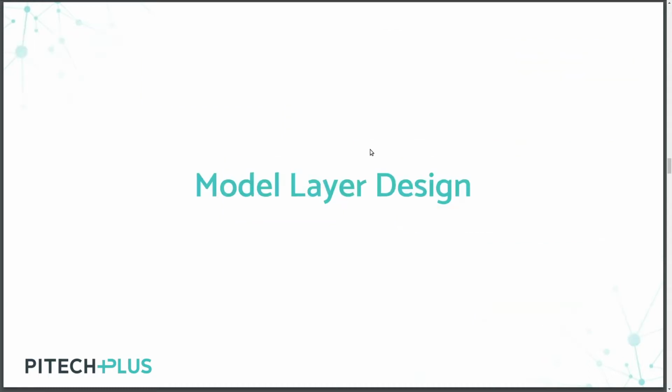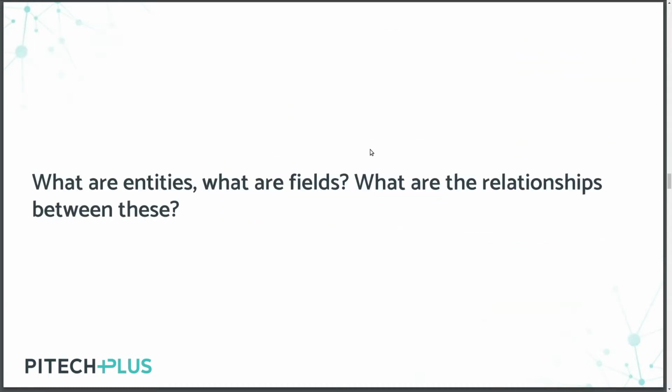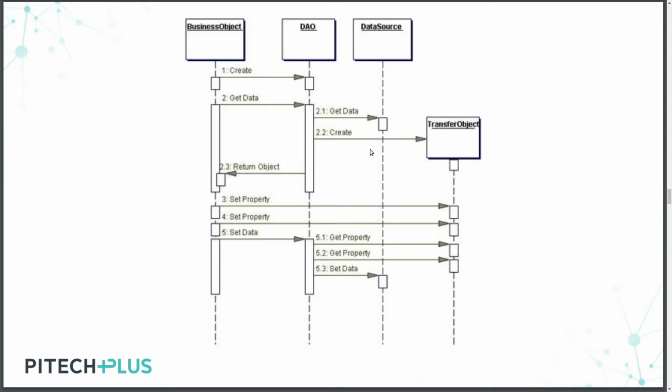So after we identify what are the entities, what are the fields, what are the relationships between these, then we can start going ahead and implement these and to use them. So how do we use this data? What I'm proposing in this session is the data access object design pattern.